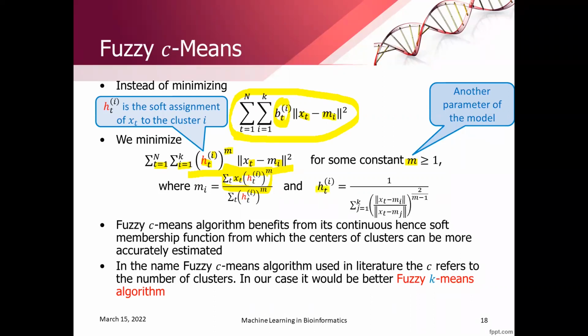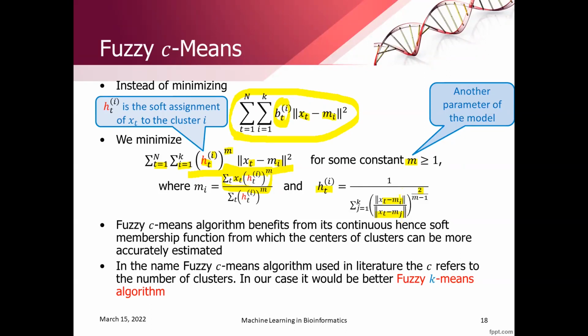So this is the way to compute the mean, and how to compute the value for the fuzzy assignment for the vector h sub t. It's 1 divided by a sum, and what we have here is the norm or distance between the observation and the centroid. This distance will be squared, divided by the distance between the observation and some other centroid j.